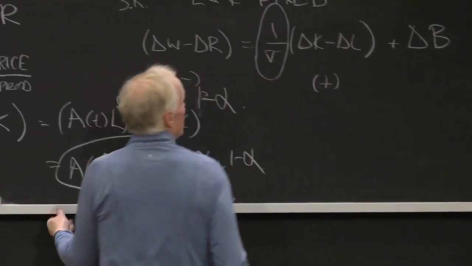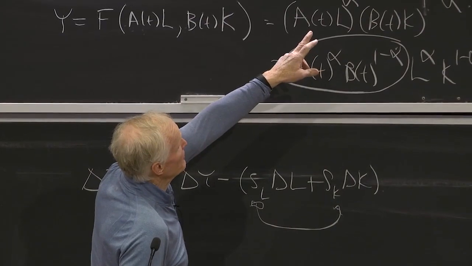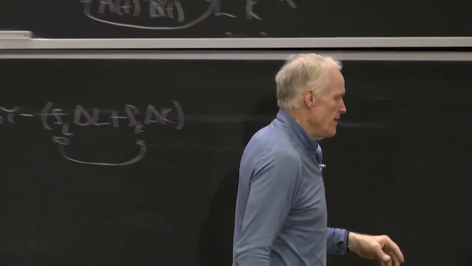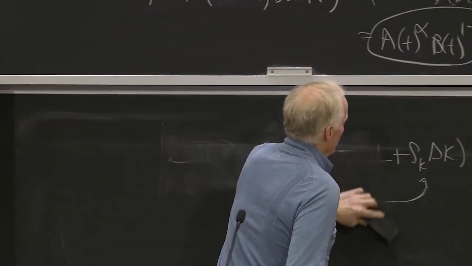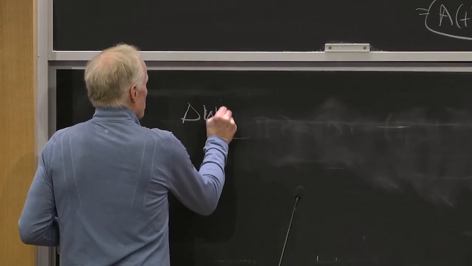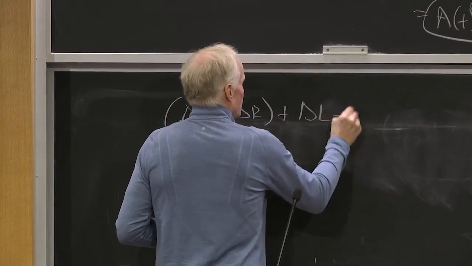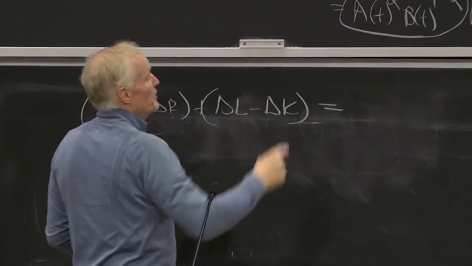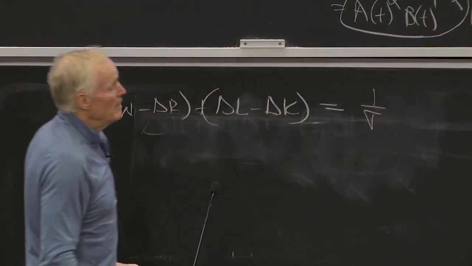Well, it would be delta W minus delta R plus delta L minus delta K, right? So delta W minus delta R plus delta L minus delta K would be equal to, according to my formula here more generally, 1 over sigma.